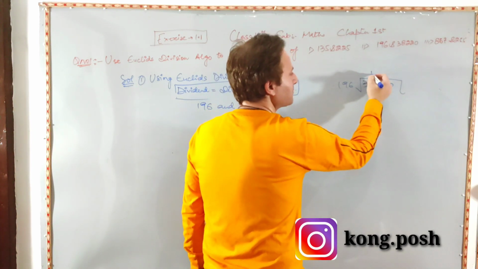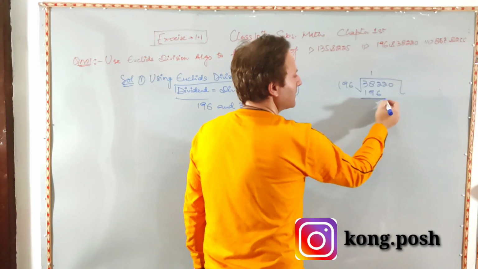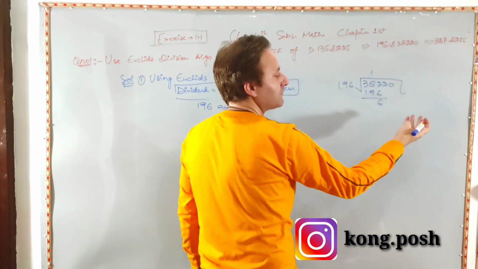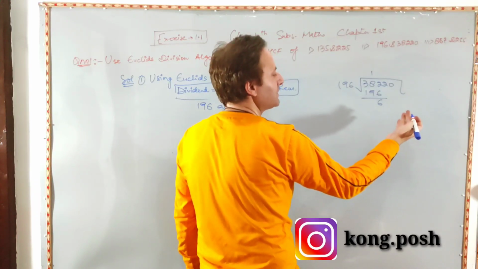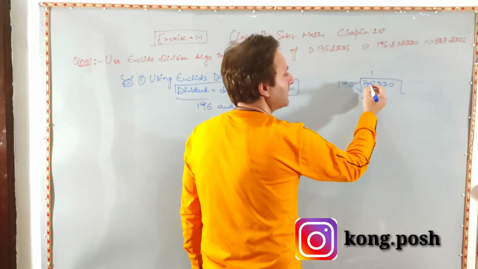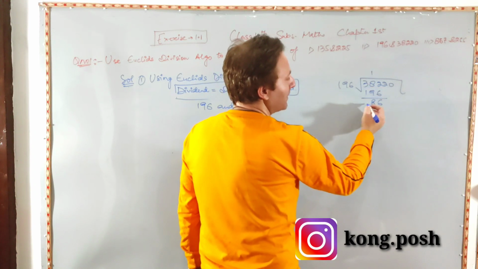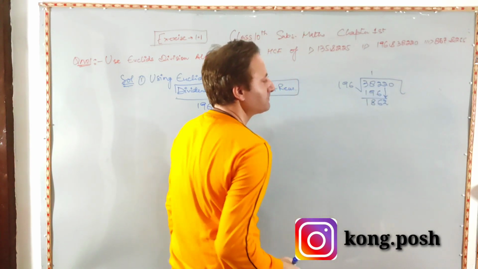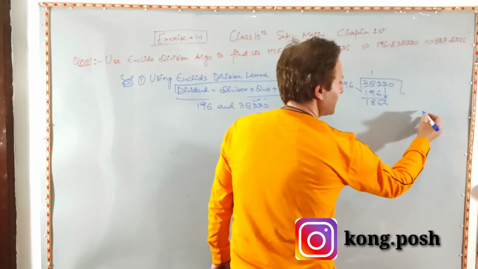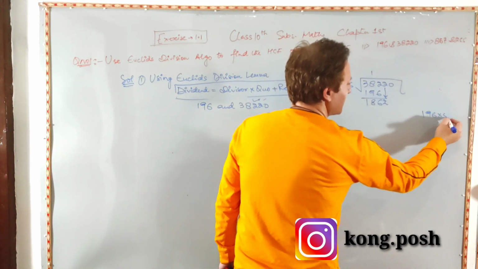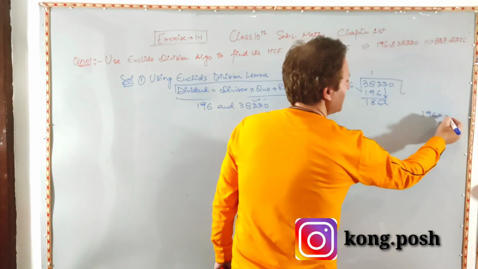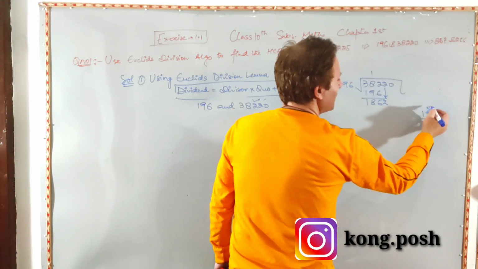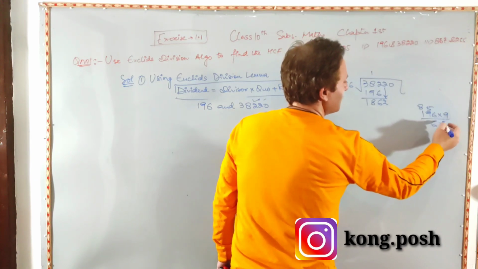So 196 multiplied by 196. 12 minus 6, 6, then we have 17, 3, 3, 6, 8, and then we have 2 minus 1, that is 1, and then we will take this 2 down.